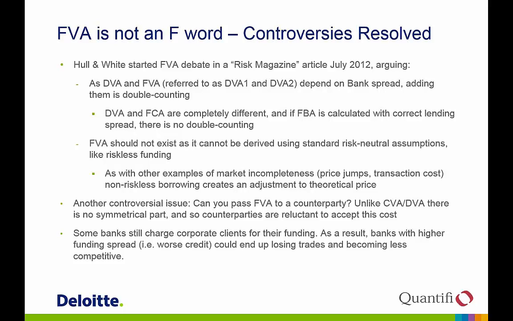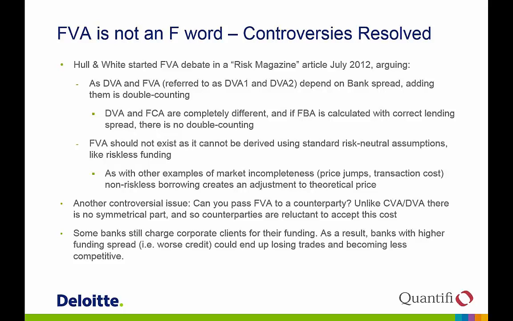But the current understanding, and we hope it's final, is that first of all, FVA should be separated into FCA and FBA. DVA and FCA are completely different in the sense that DVA depends on the bank's liabilities, while FCA depends on assets. And you probably can argue that DVA and FVA can lead to double counting, but only if you calculate them using the correct spread. So for DVA, what is most often used is the credit default spread.